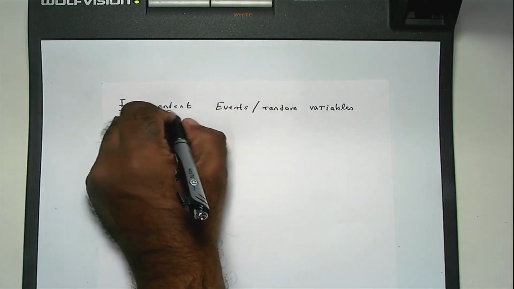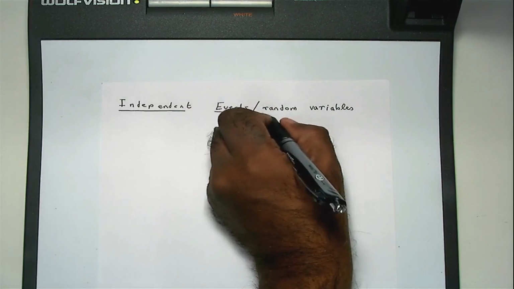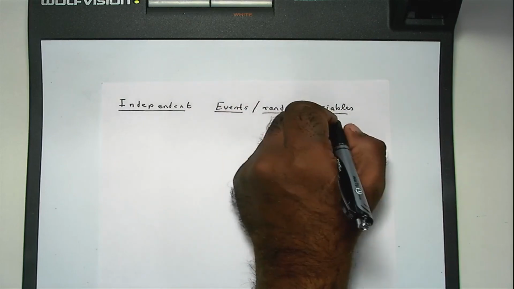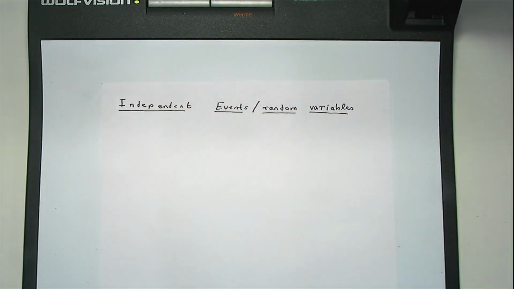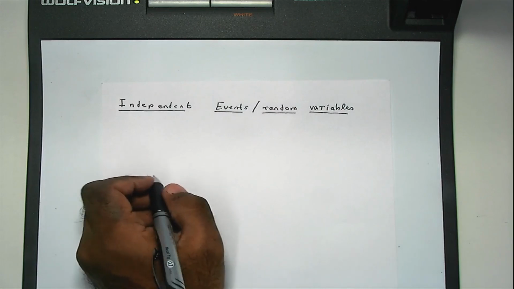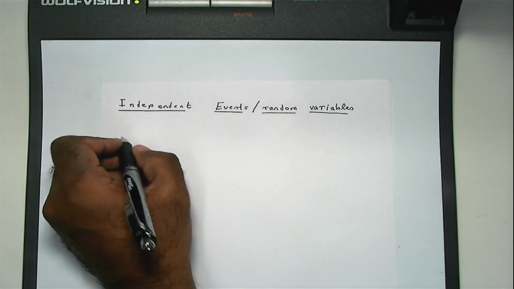Independent events or independent random variables. Now, I'm sure you know from probability 1. Okay, let me start by talking about independent events first.